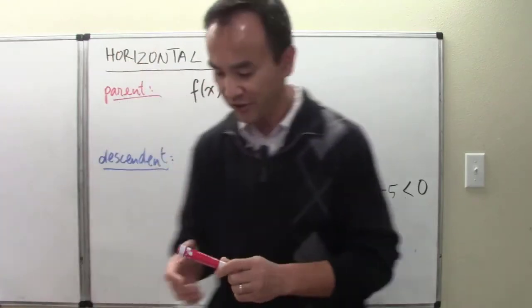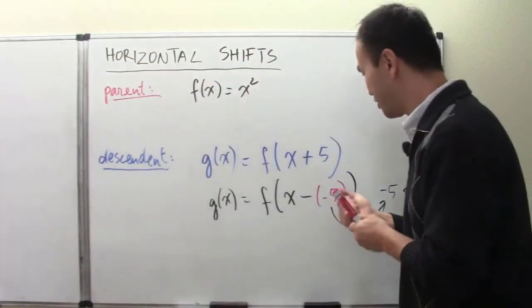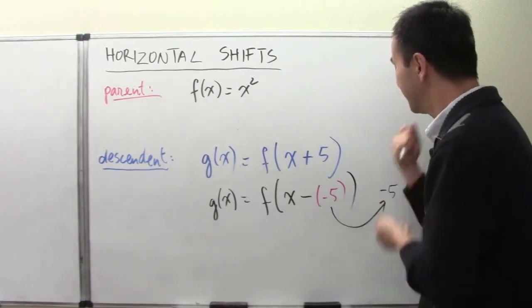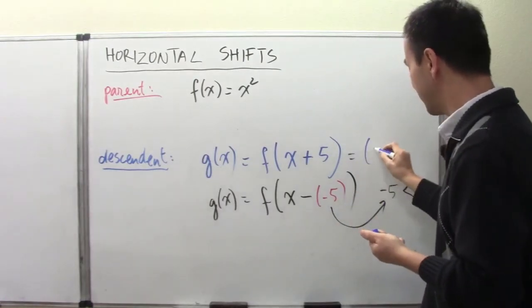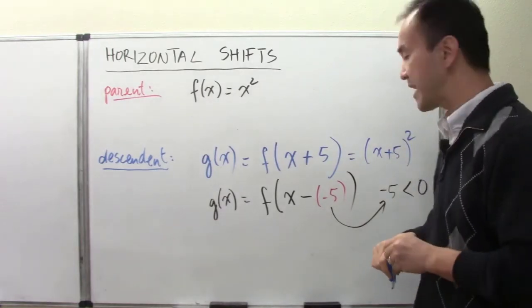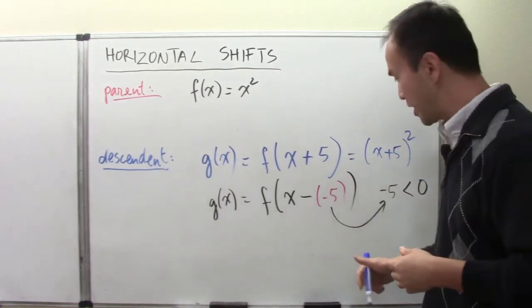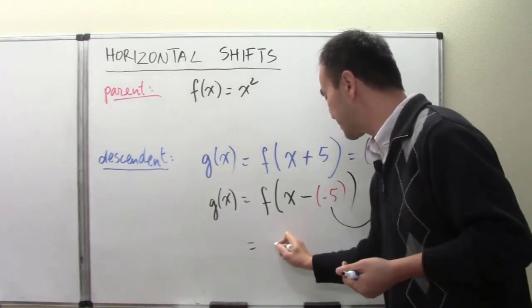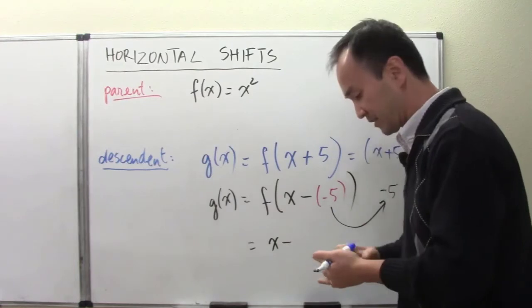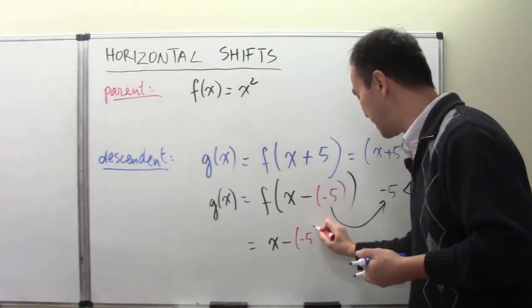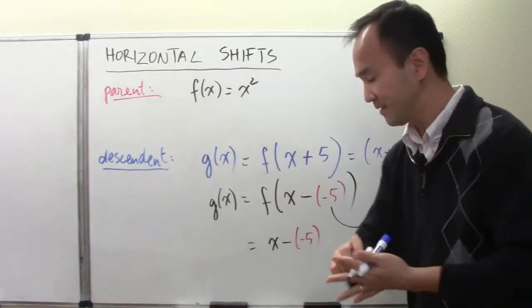And I should have mentioned, algebraically this is the same as g of x equals x minus negative 5, all squared.